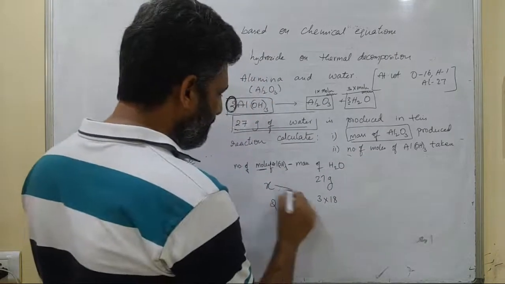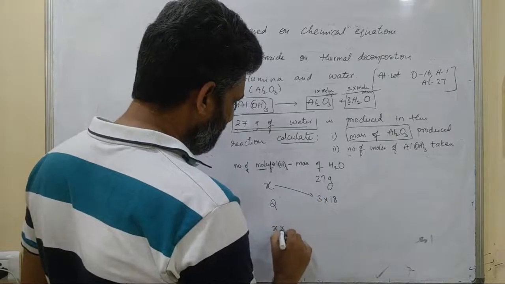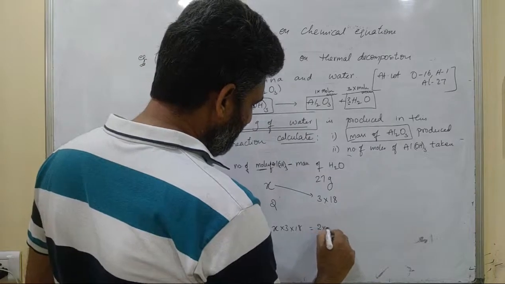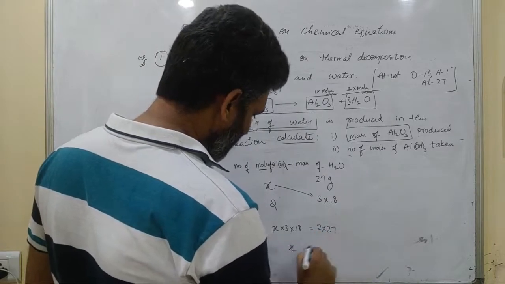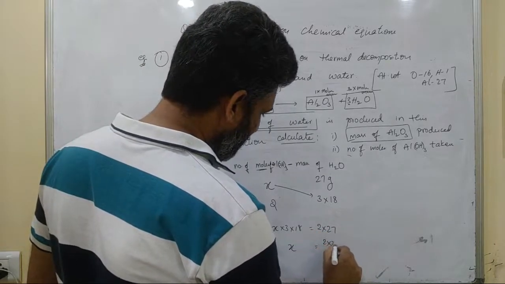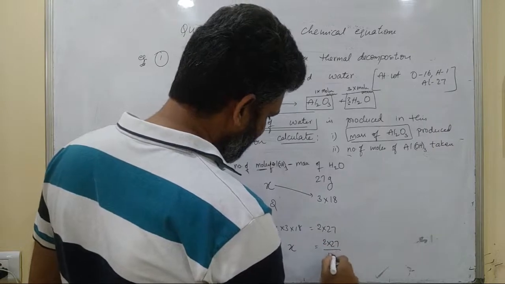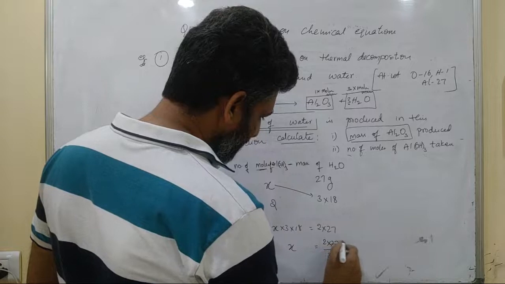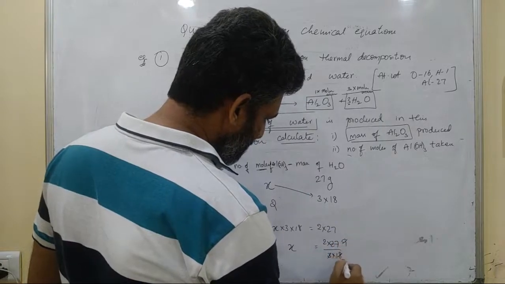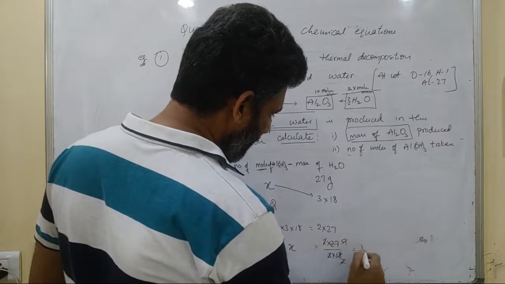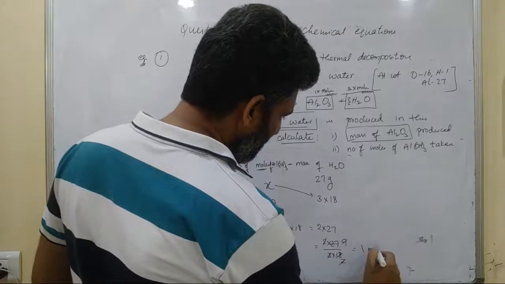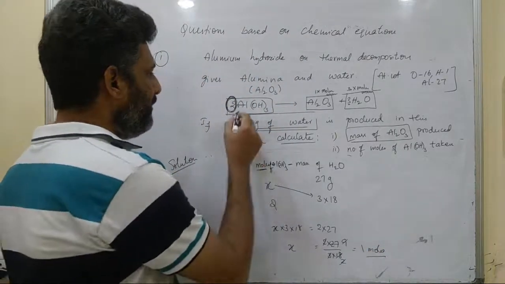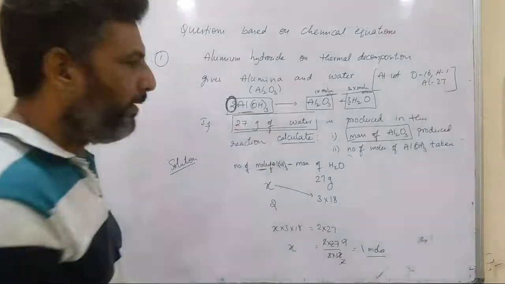So cross multiply: x into 3 into 18 equals 2 into 27, where x will be 2 into 27 by 3 into 18. 3 nines are 27, 9 twos are 18, 2 will cancel, we get 1. So you are taking 1 mole of aluminium hydroxide for this preparation.